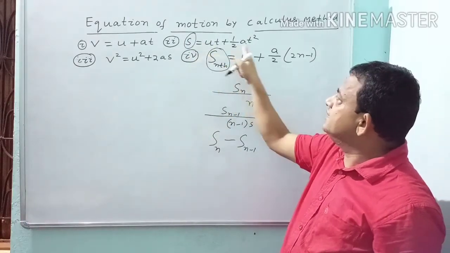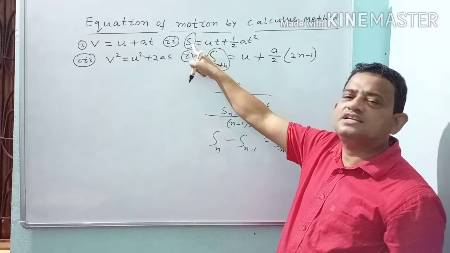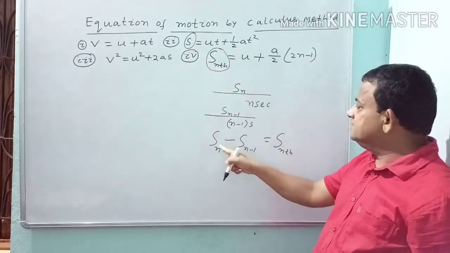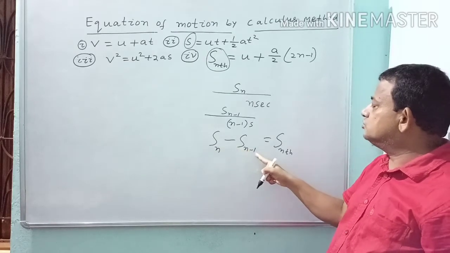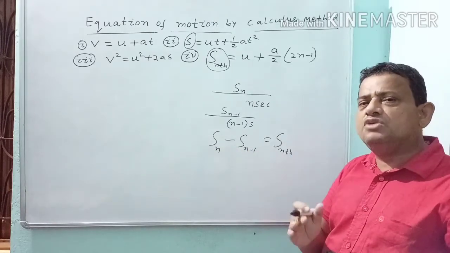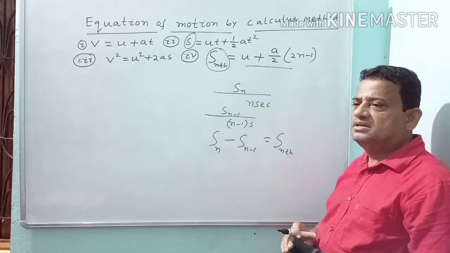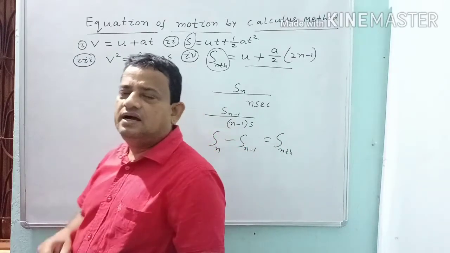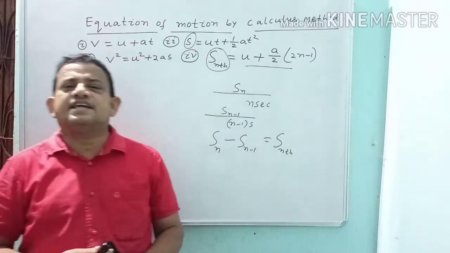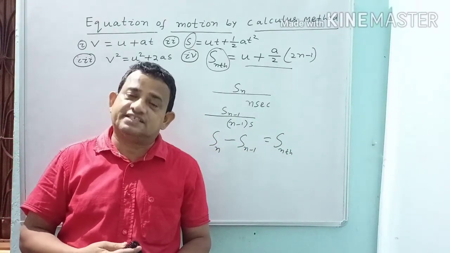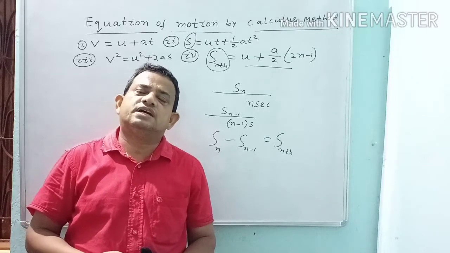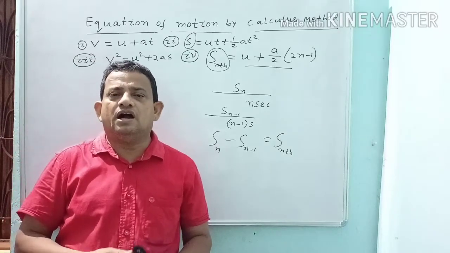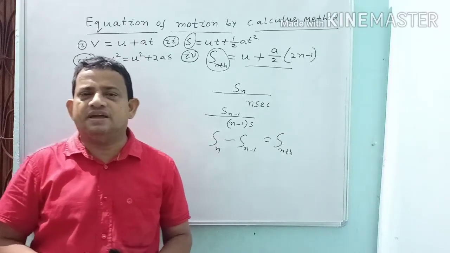In t seconds, the distance covered is S. But in this case, this is Sn minus S n minus 1. So when you apply this: suppose a question is like that, an object covers a distance of 20 meters in the third second, or an object covers a distance of 50 meters in the fifth second, third, fourth, fifth, sixth, seventh.